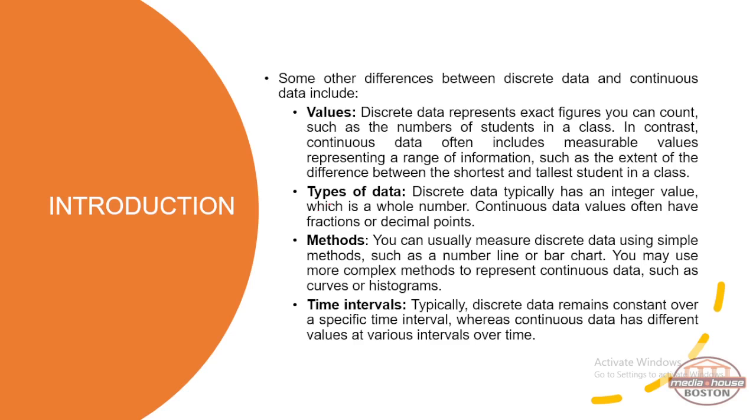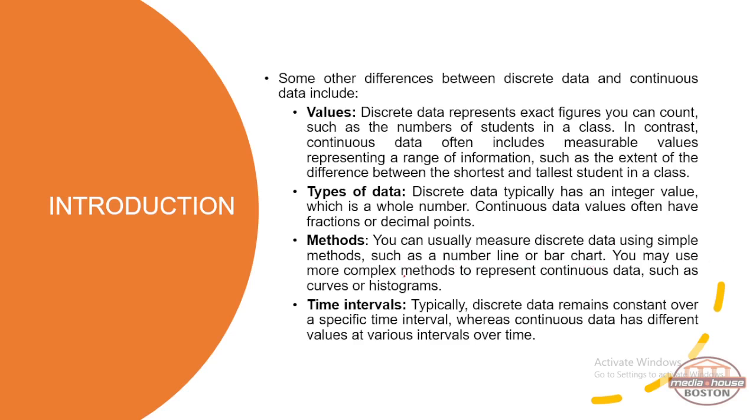And then in terms of types of data, discrete data continually has integer values, which are whole numbers, but continuous data values often have fractions or decimal points. So these are the only differences between the types in terms of numbers. And the method, you can usually measure discrete data using simple methods such as a number line or a bar chart.